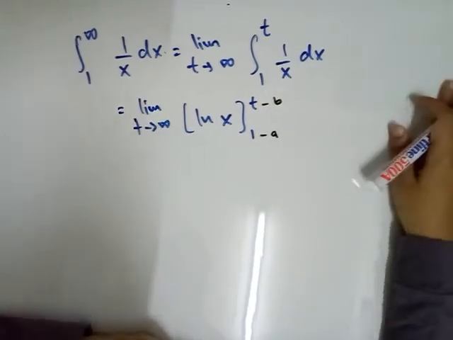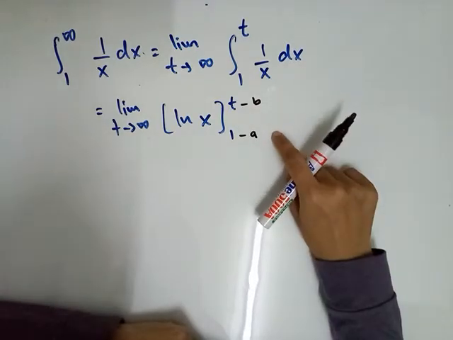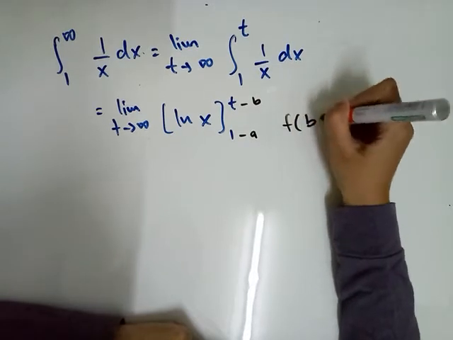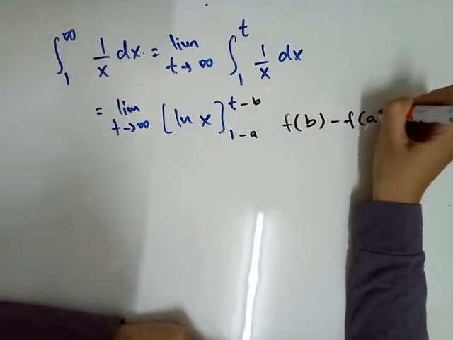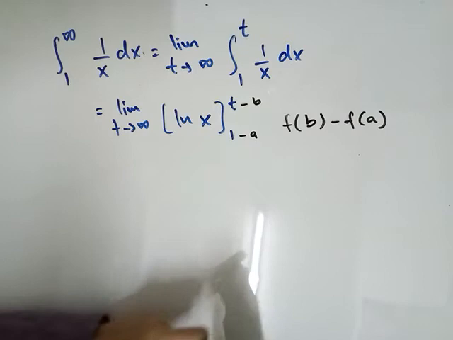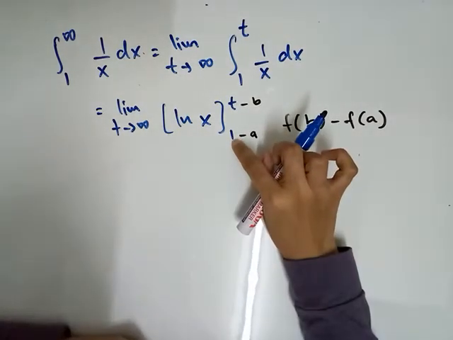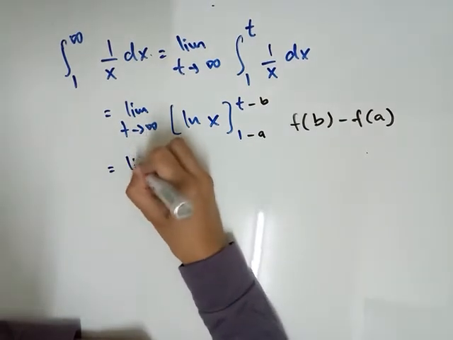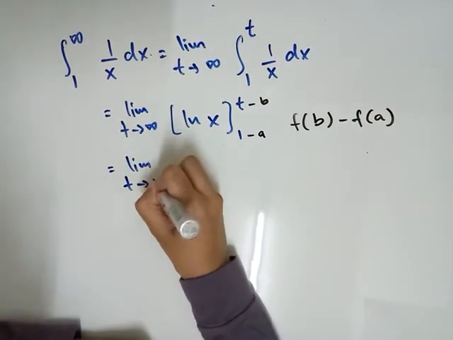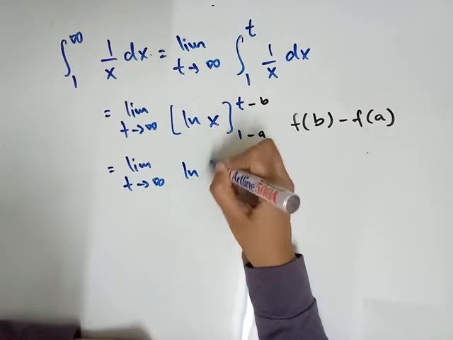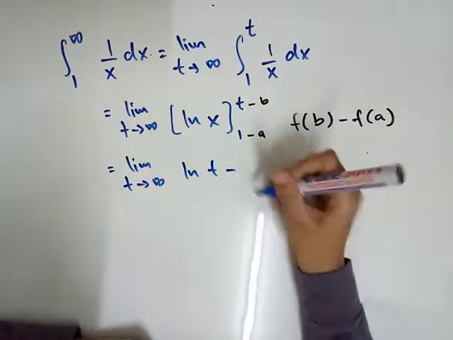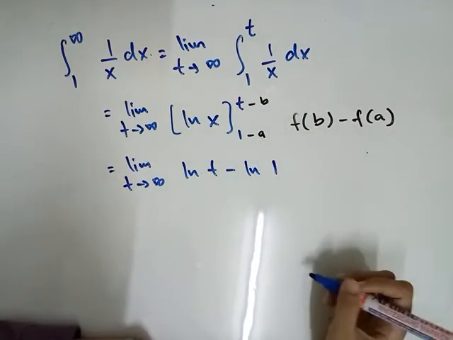Okay, and then how to solve this? For a definite integral, it is F(b) minus F(a). So we need to substitute the upper and lower limit into x. Limit t approaching infinity of ln t minus, substituting 1 into x, ln 1.